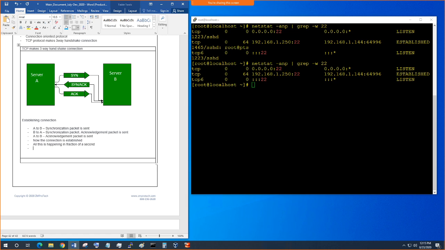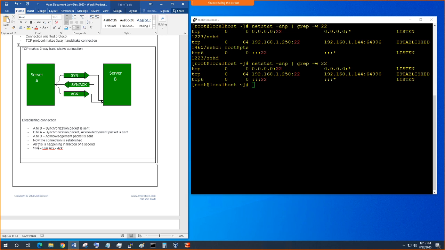Okay, so for the short version, what you do is you say SYN, SYN-ACK, ACK. This is how, if you get a question in the interview asking how is a TCP connection established, you just say SYN, SYN-ACK, ACK.